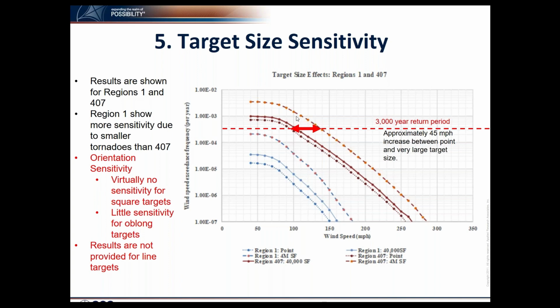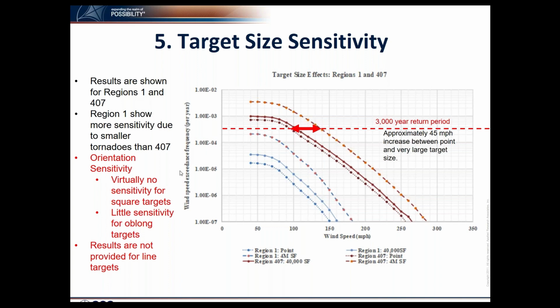Now, this sensitivity for 407 is not as much as seen for region 1, because region 1 tornadoes are much smaller in path area compared to region 407. And you can see in region 407, for the 3,000 year return period, there is a 45 mile per hour increase between the point and the very large target.